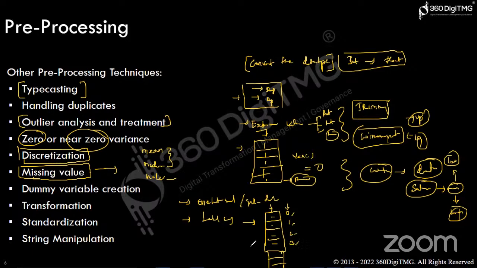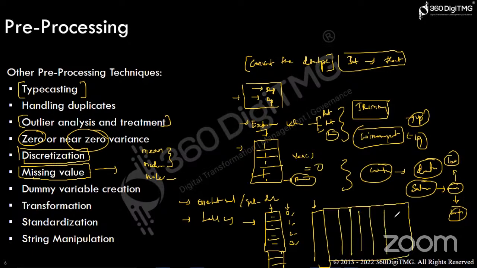But in case of one hot encoding, we use it when we have data in nominal format, where I do not have any importance of the order. So I am going to use one hot encoding here, and different columns will be created, based on the number of variables and classes I have.